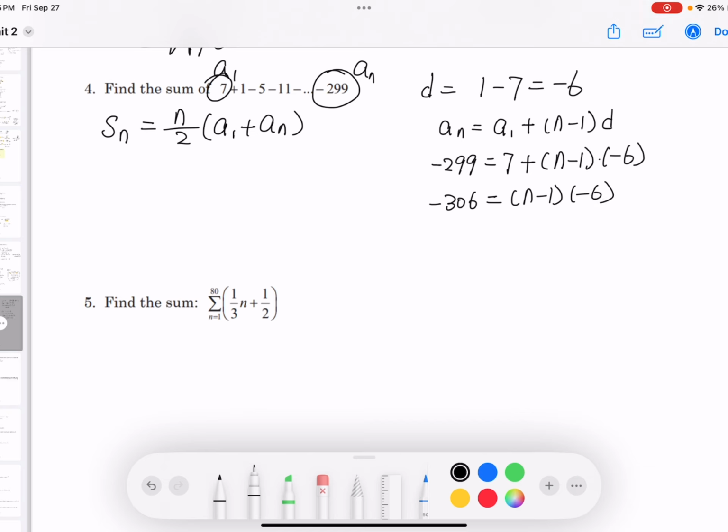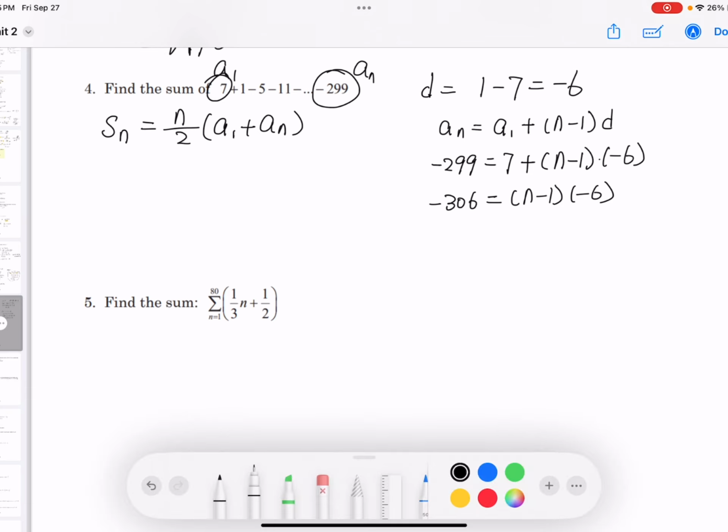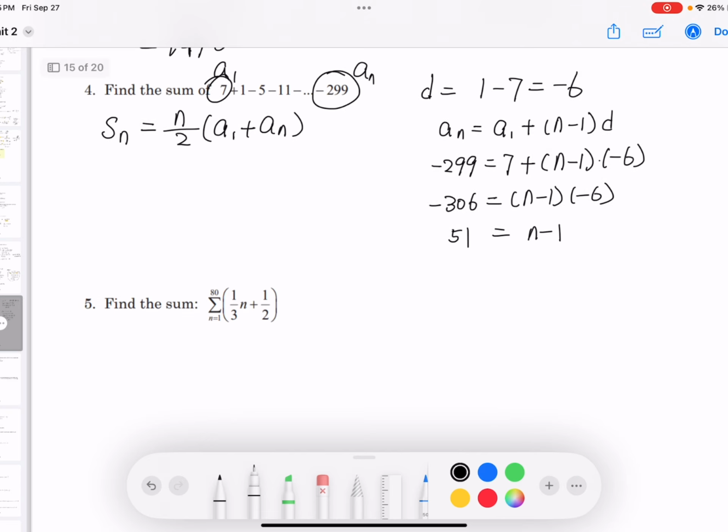We divide by negative 6. So n minus 1 is equal to, divided by negative 6, positive 51. Let's verify. Yes. And then plus 1 both sides. n is equal to 52.